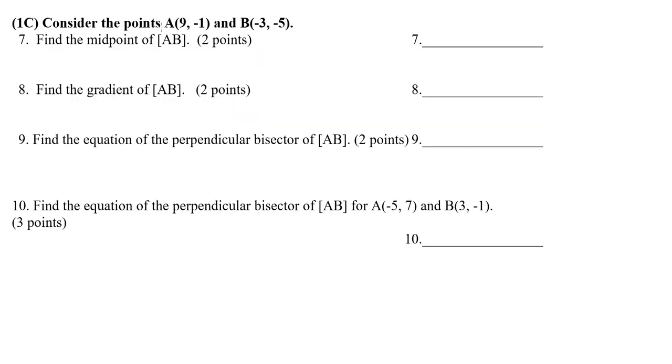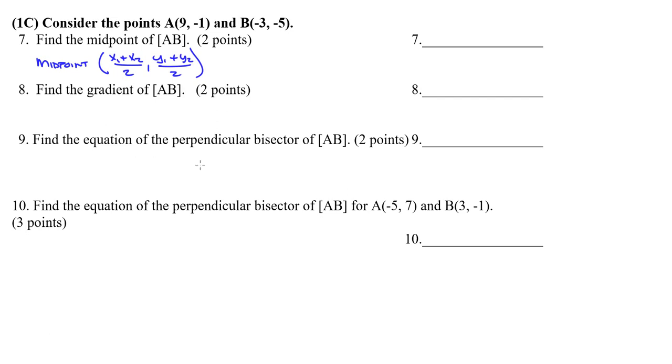Number 7, consider the points A and B. Find the midpoint. Right off of that pink formula sheet that you have, the midpoint is x1 plus x2 over 2, and then y1 plus y2 over 2. It's opposite than the slope, right?